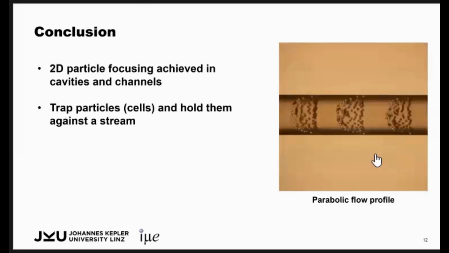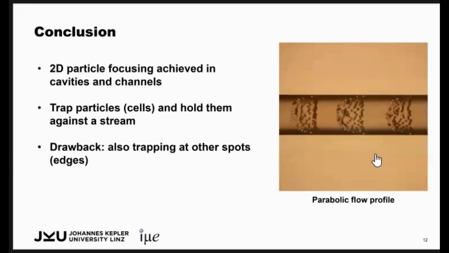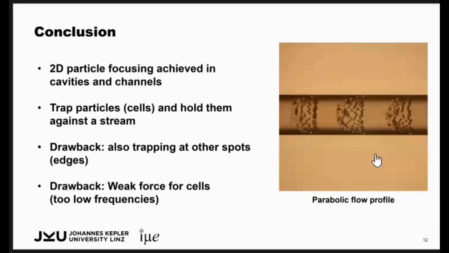We trap the particles and hold them against a flow. Drawback number one is we also have trapping at other spots, namely the edges, as mentioned before. And drawback number two, the force on the cells is too weak for effective particle trapping. The reason for this is that we have relatively low frequencies, and for these small particles, we would need much higher frequencies.